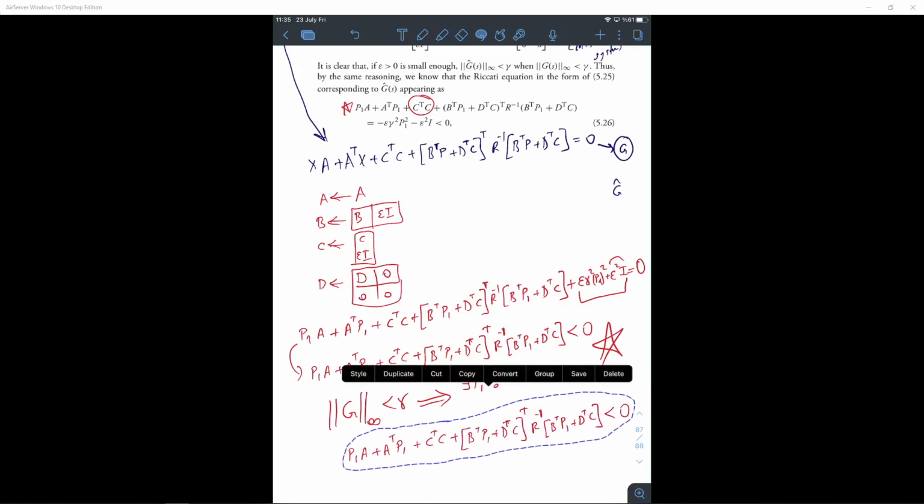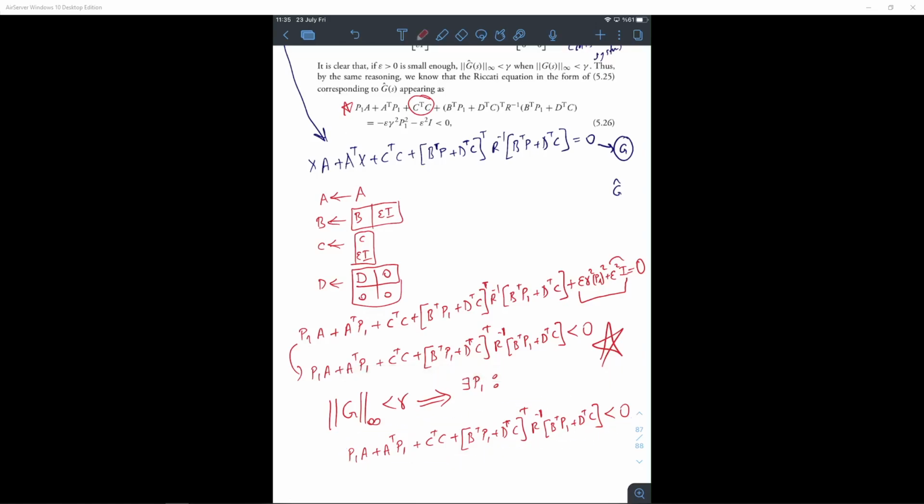Can we make it smaller? I guess not. Okay, that's okay. This is what is being implied, right? All right, we just proved the necessity part.